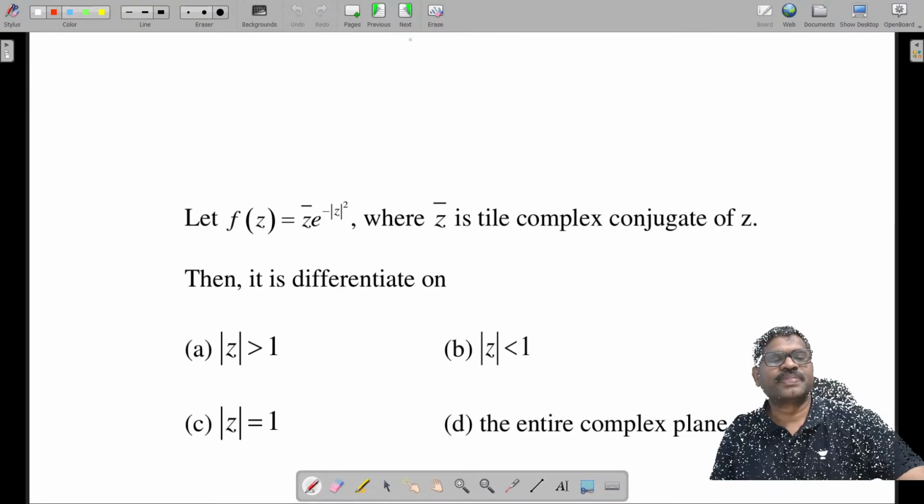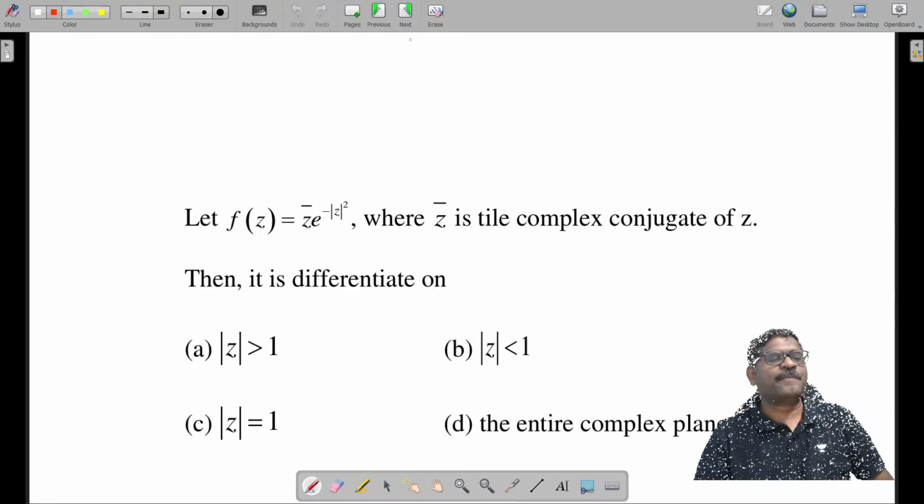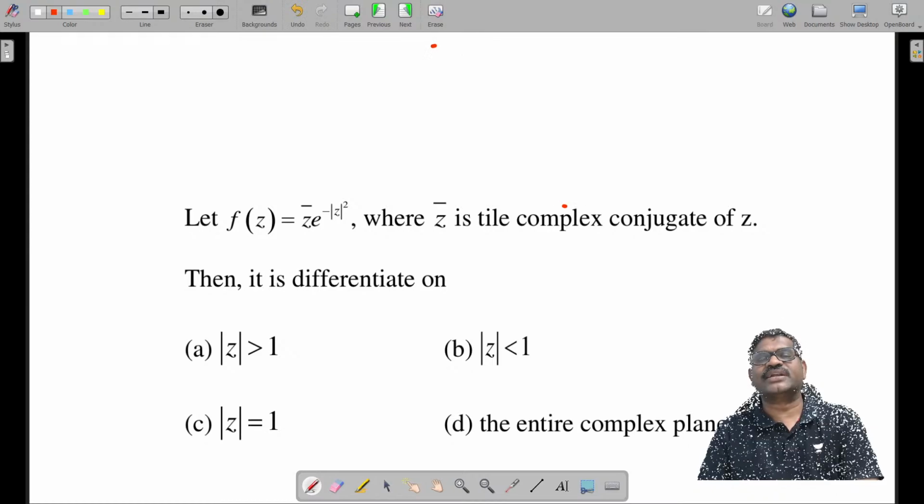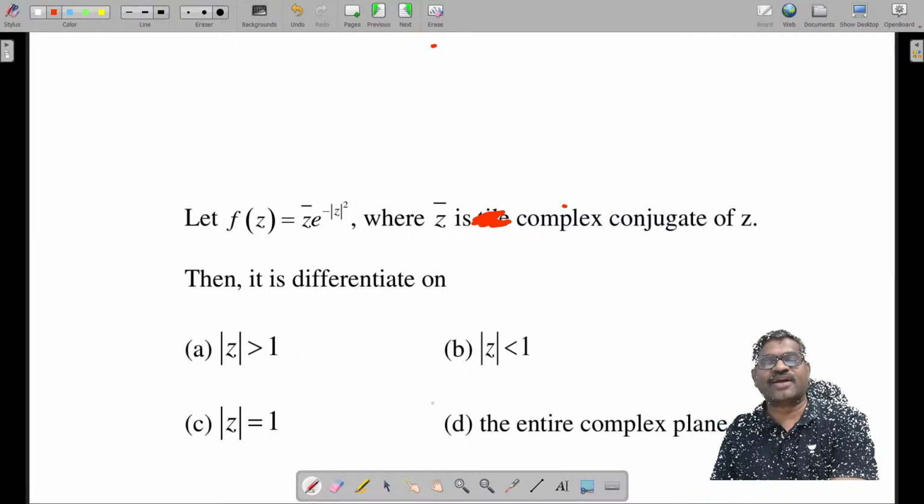Next, z bar into e power minus mod z whole square, where z bar is the complex conjugate of z. The function is differentiable on which region?